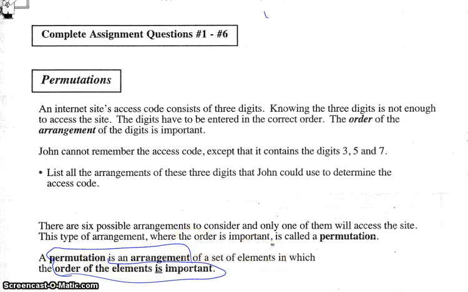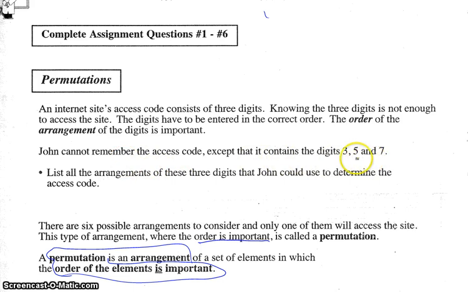Situations like lining books up on a shelf, or the numbers in a phone number, or the letters in a person's name, or anything in which if you switch things around it would look different and it matters, then that's a permutation.